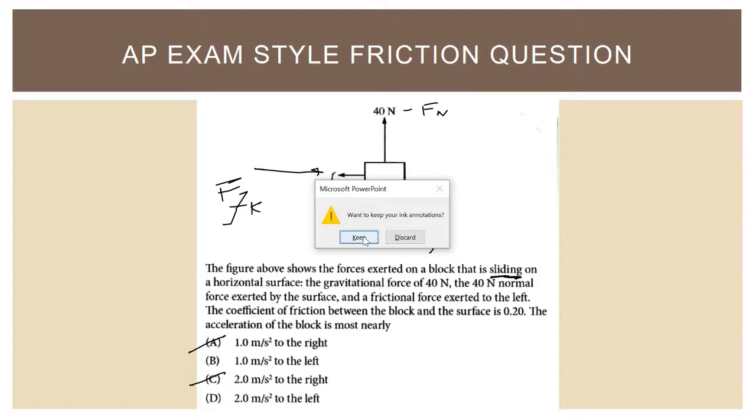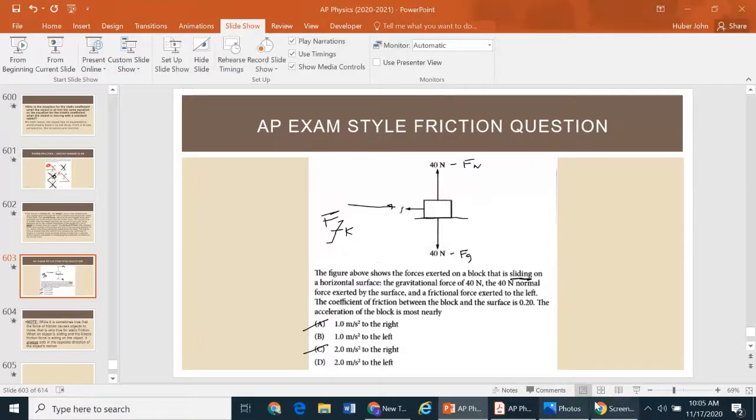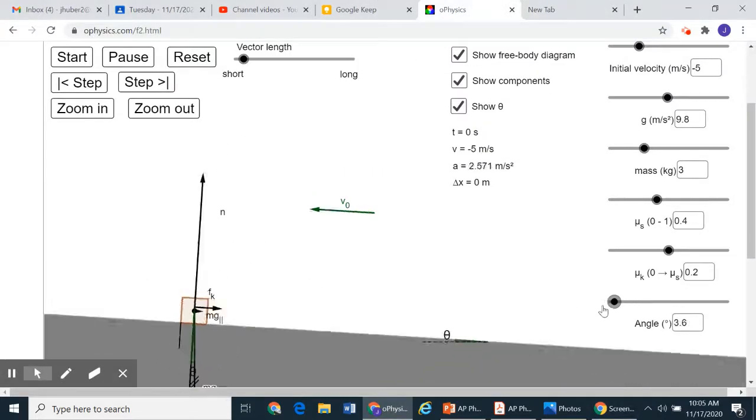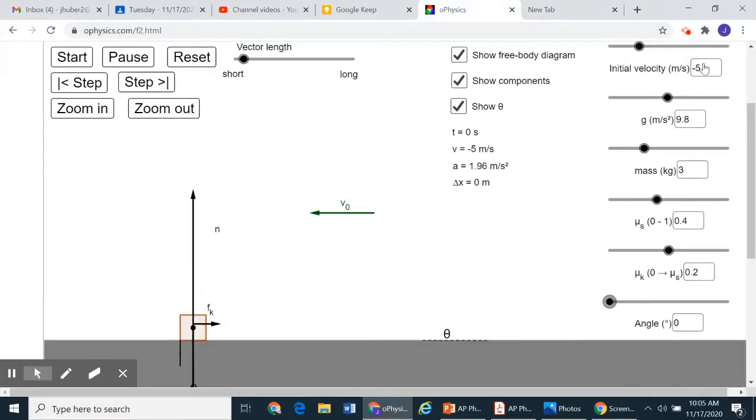Now, what exactly does that mean for the motion of the object is a perfectly reasonable question to ask. And I think you gotta sort of try your best to picture this stuff here as best you can. And we're going to try to use a simulator for this. And so because this object is moving to the right, I'm going to set the initial velocity as 5 and make it positive. And so this thing is going to be moving to the right.